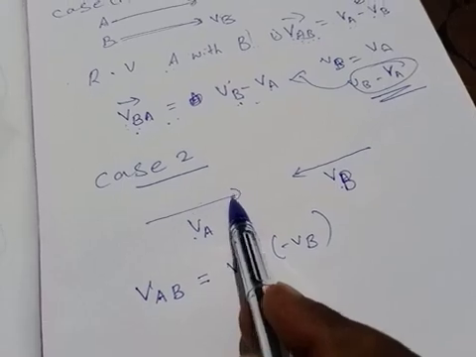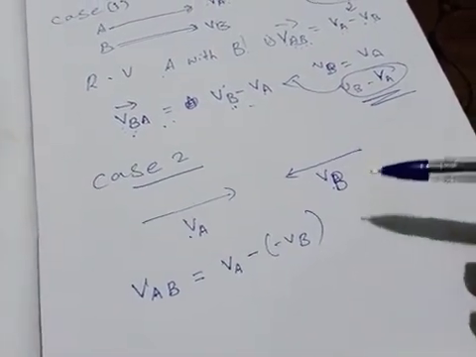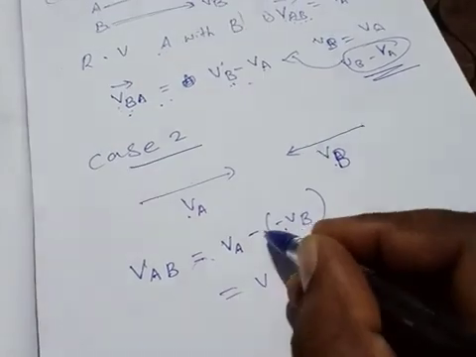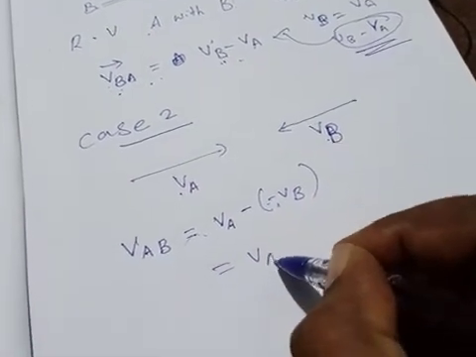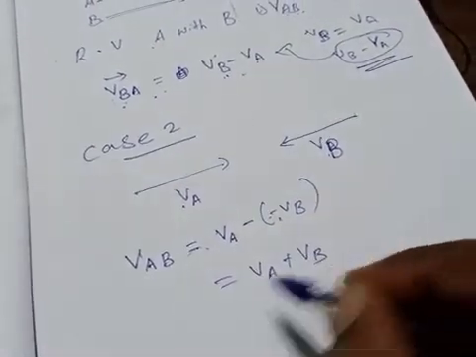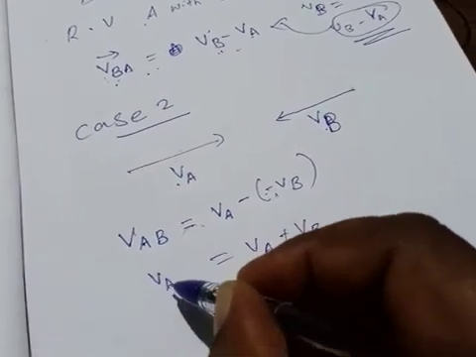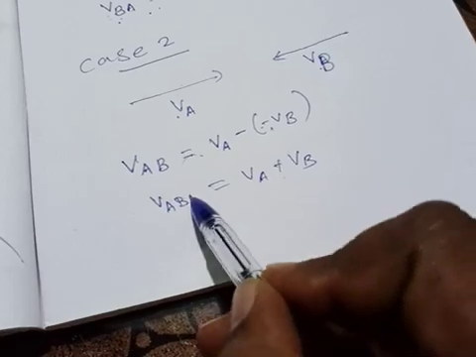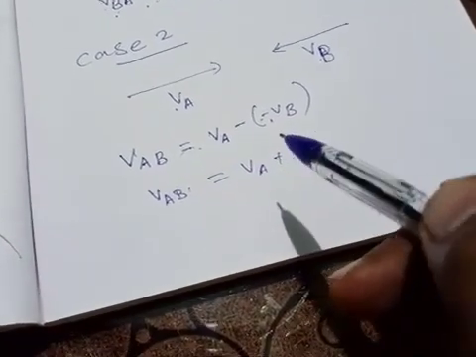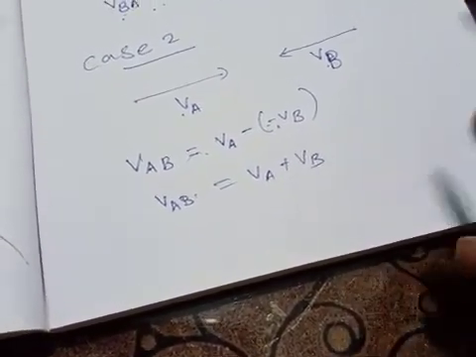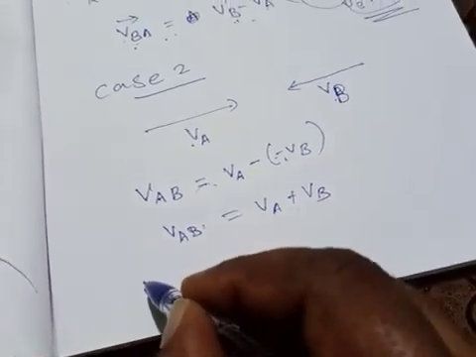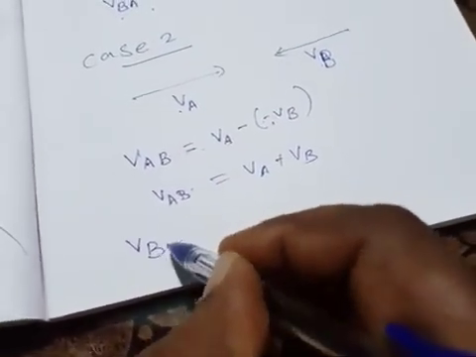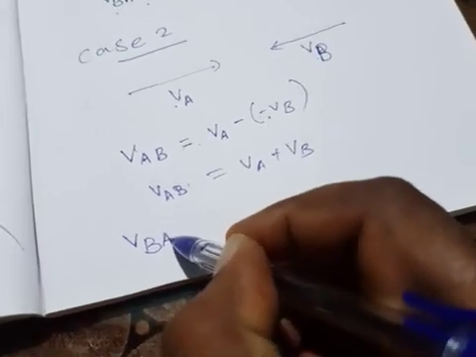VA is moving in this direction, VB moving opposite to this, so minus VB, and minus into minus gives plus. So VA plus VB. This is the relative velocity of object A with respect to B: VA plus VB.